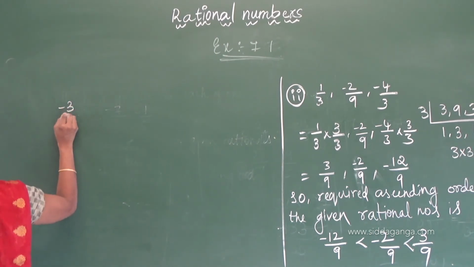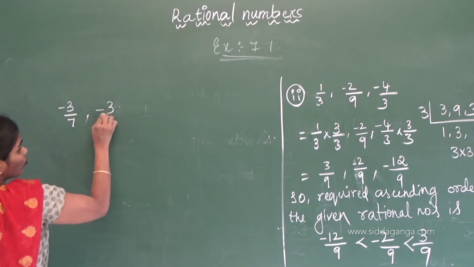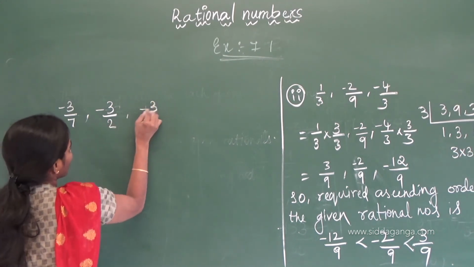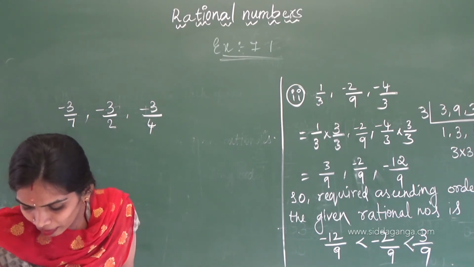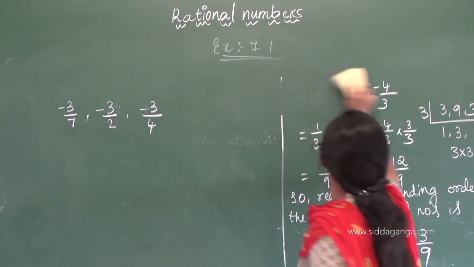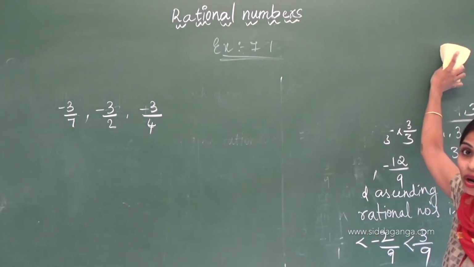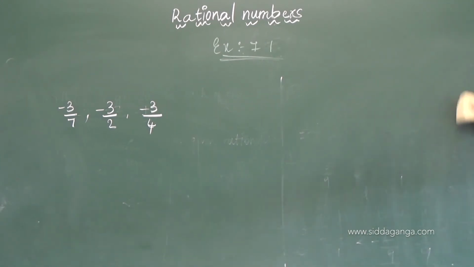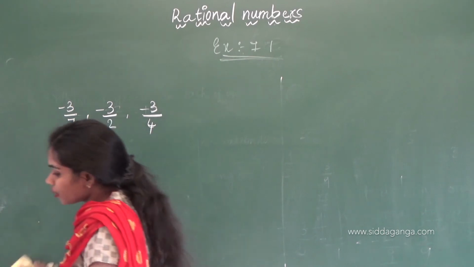Minus 3 by 7, minus 3 by 2, minus 3 by 4. If you observe, there are 3 negative rational numbers and all the numerators are equal. Numerators being equal is of no use.